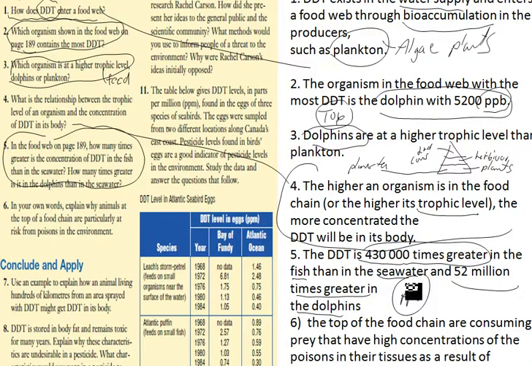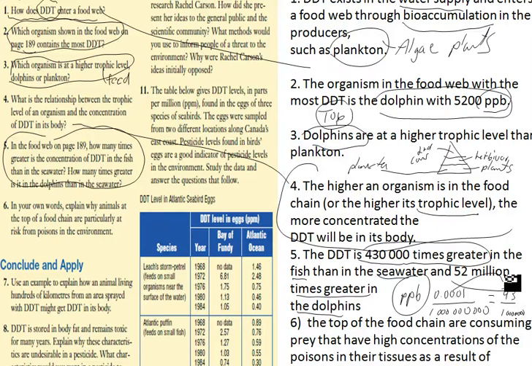So if you look, the seawater is 0.0001 out of a billion. And in the fish, it's 43 out of a billion.